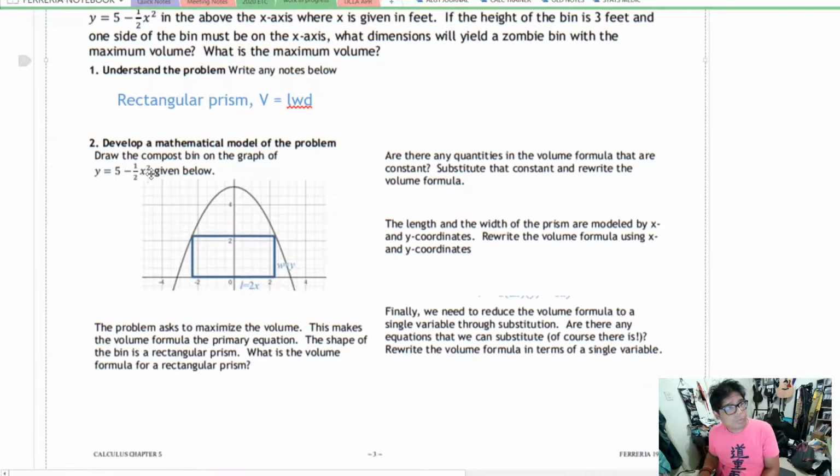Part 2. Develop a mathematical model of the problem and draw the compost bin on the graph of y equals 5 minus 1/2 x squared. So here is the graph of y equals 5 minus 1/2 x squared. And one side of my bin has to be here along the x-axis.